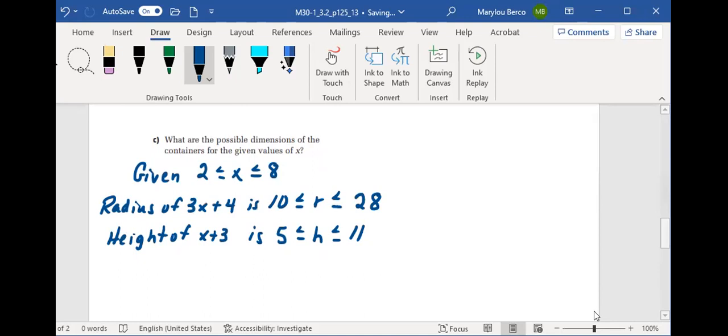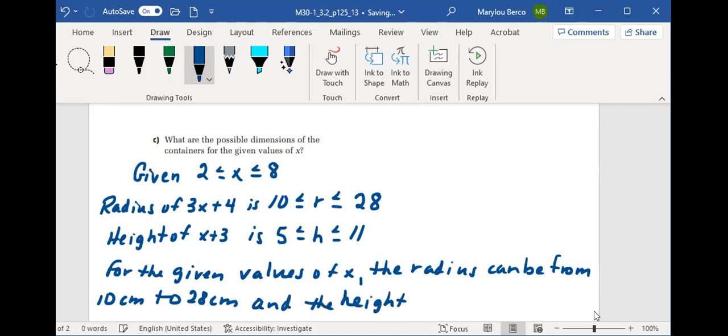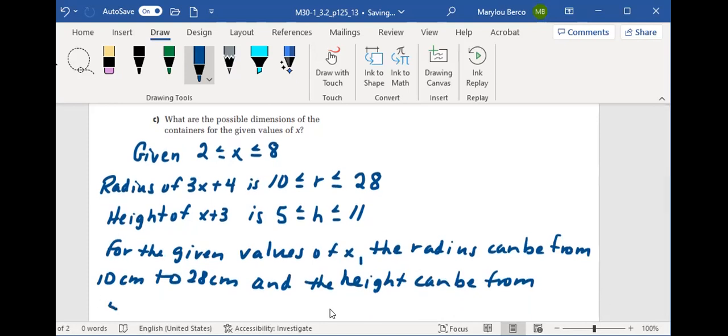So in sentence form, for the given values of x, the radius can be from 10 centimeters to 28 centimeters, and the height can be from 5 centimeters to 11 centimeters.